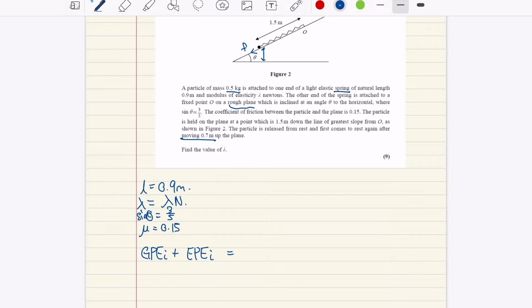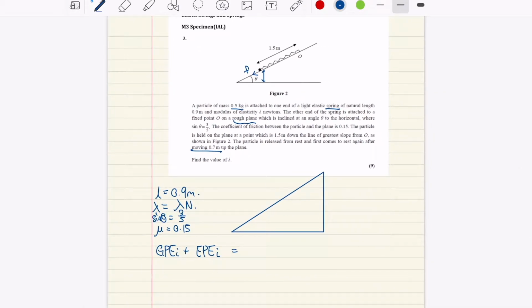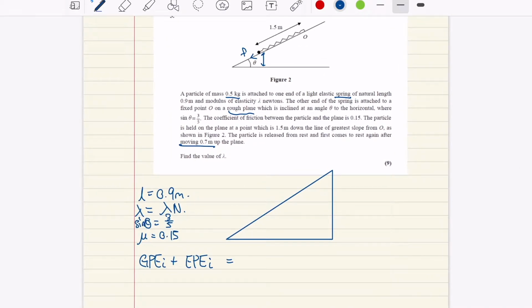here, in order to understand the final situation of the particle, we need to draw a diagram. And the diagram doesn't need to be exactly the same, you just need to draw something somewhat similar.